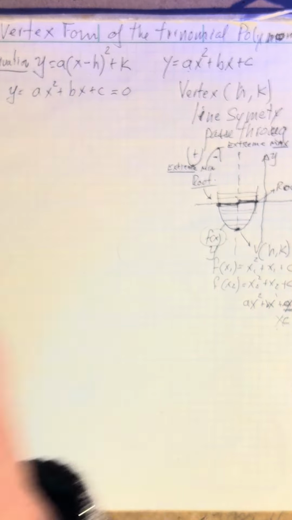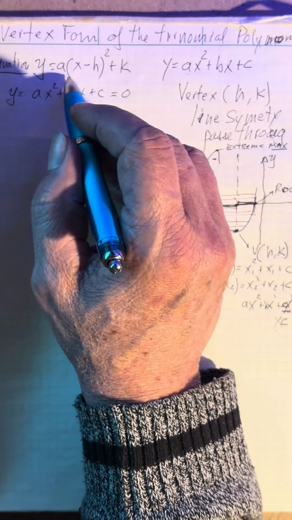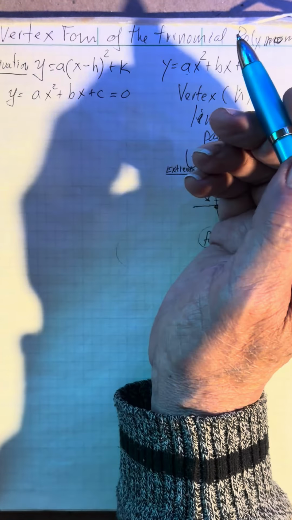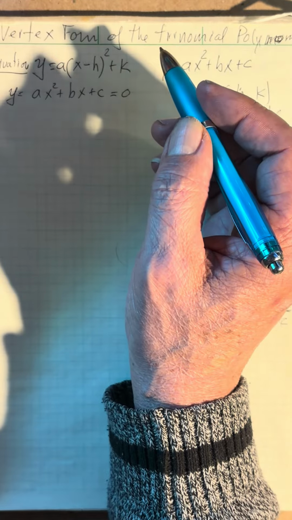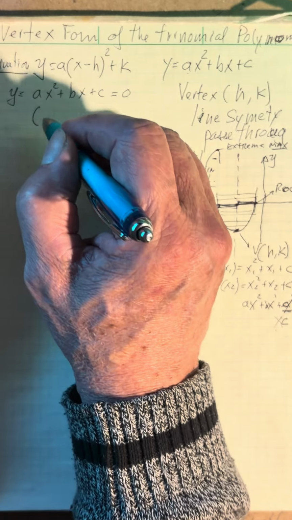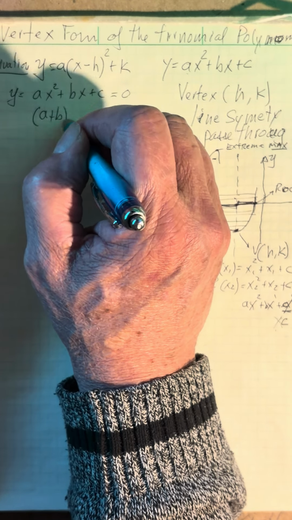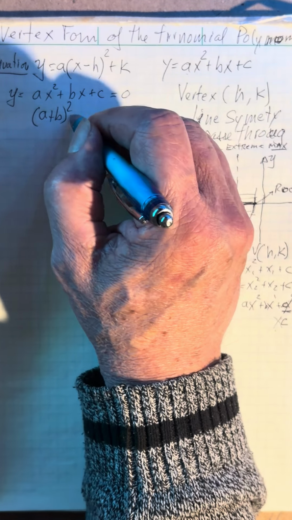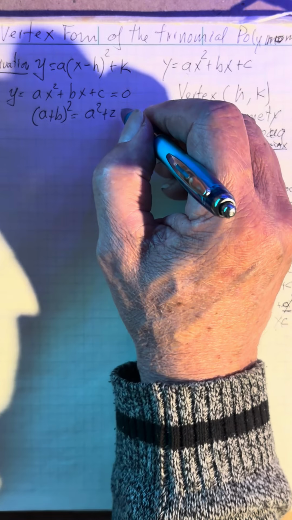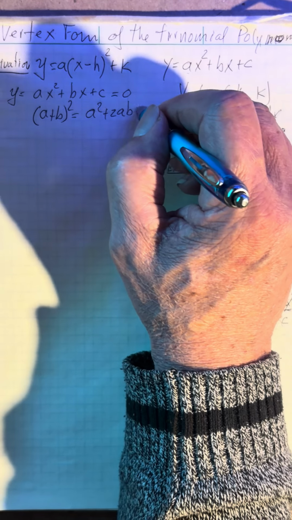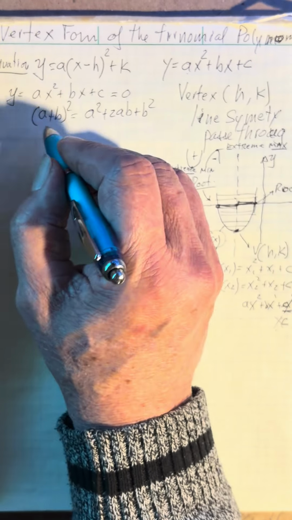So to get to the derivation of this thing, we're going to use finding the perfect square, which is a method where we find the perfect square, which is (a plus b) squared, which is equal to a squared plus 2ab plus b squared.